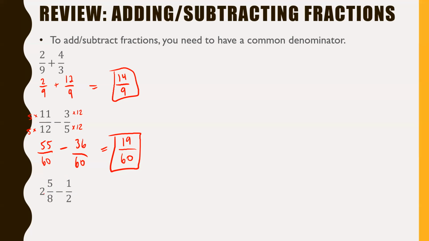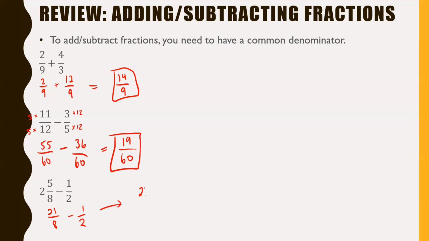The whole reason we do that is because we have 2 completed 8 out of 8s. So 2 8 out of 8 means we have 16 out of 8, plus the 5 out of 8 that we already have there. That gives me 21 out of 8 minus 1 out of 2. Now we want to change this so they have the same denominator. One we can do really quick is to multiply this 1/2 by 4 on the top and the bottom.